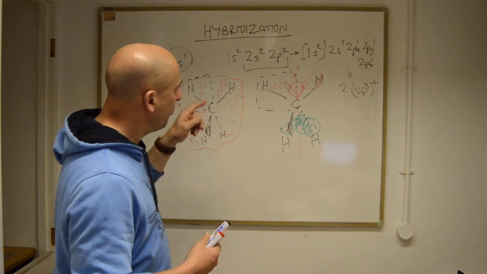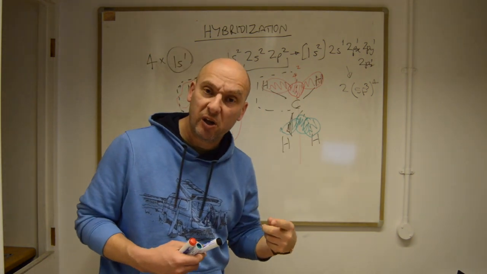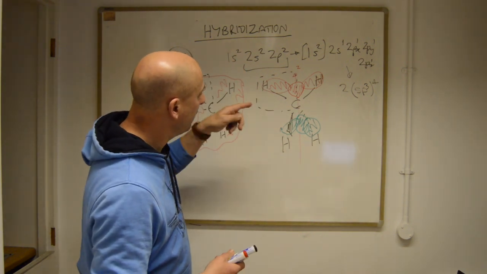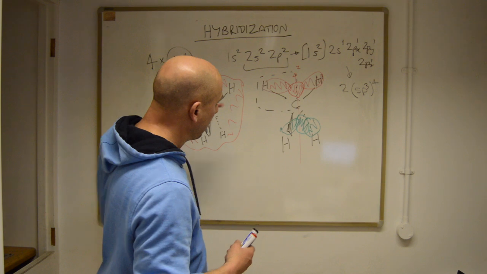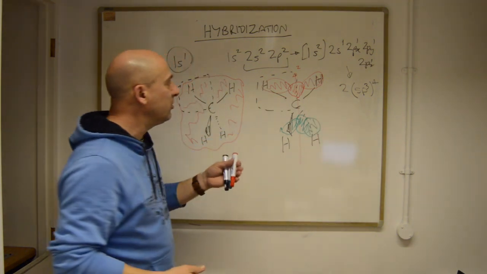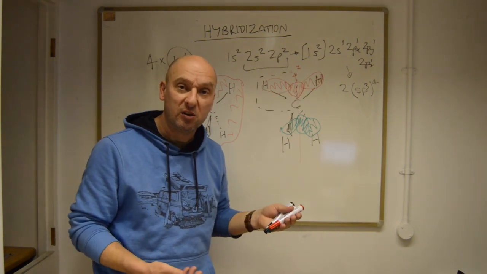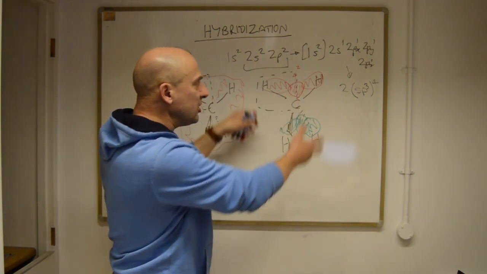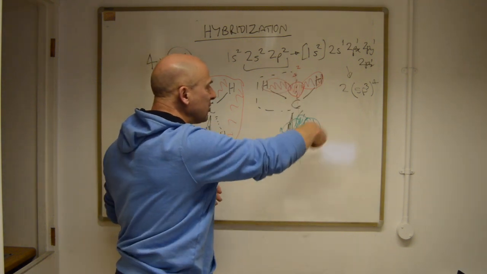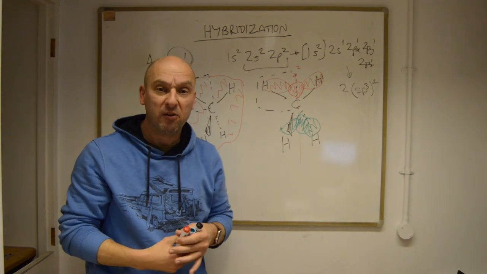Now we've got our p orbital here, but we've also got p orbitals at 90 degrees to it. So if we look at the way I've drawn the methane, then you'll have an axis going that way and another axis going that way, and we could label these hydrogen atoms A, B, C and D. We could rotate this methane around and we could draw exactly the same thing with any other pair of hydrogens.